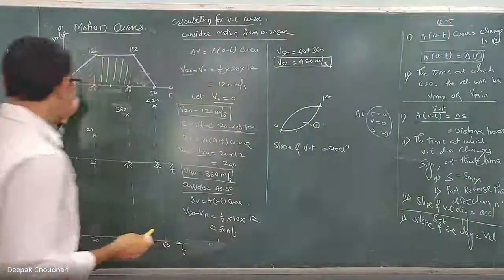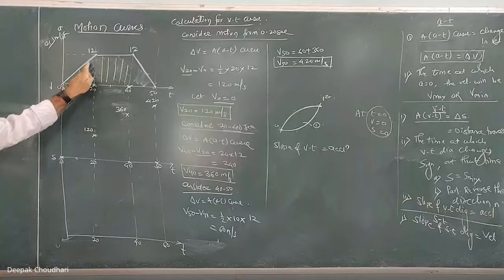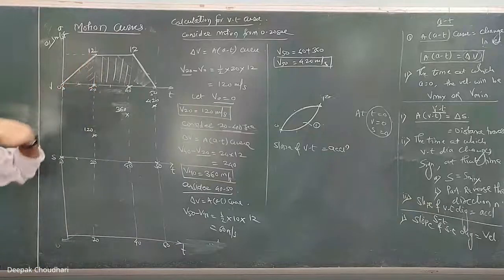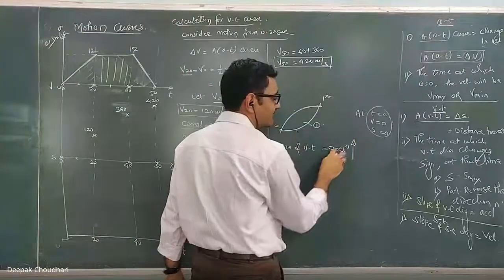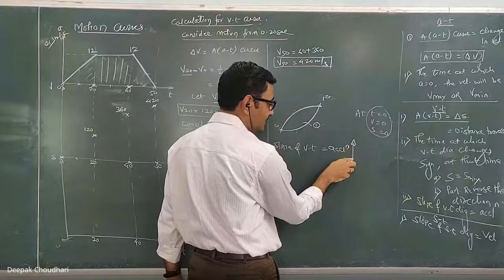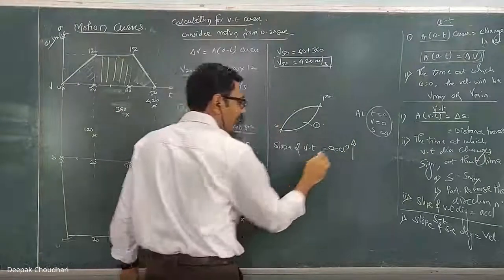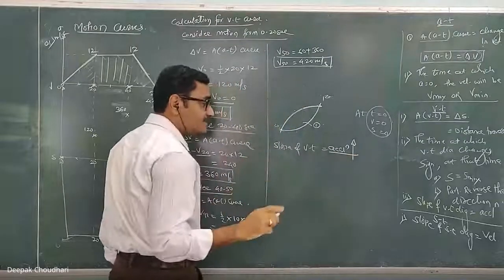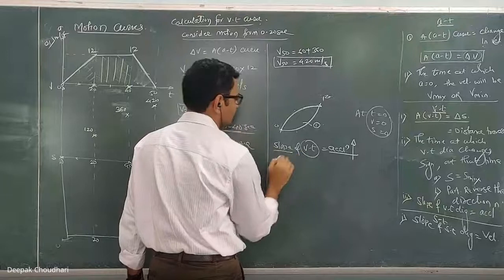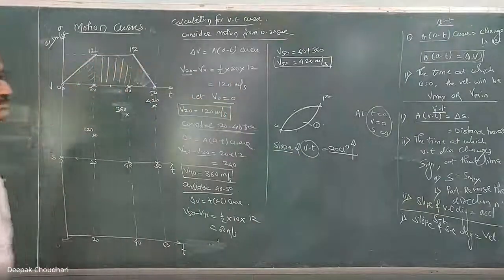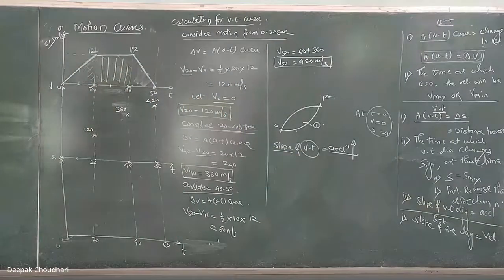Now from 0 to 20, what happens with the magnitude of the acceleration? Acceleration का magnitude बढ़ रहा है. Acceleration is increasing. Now from 0 to 20, since the acceleration is increasing, it means that we have to draw such a VT diagram whose slope should increase.